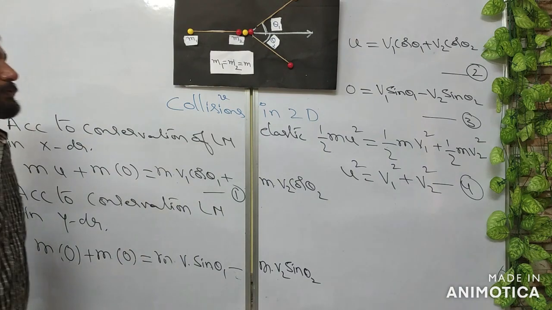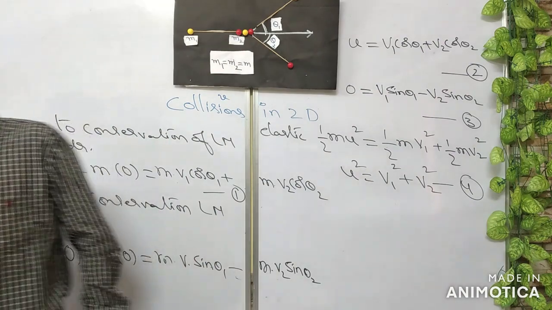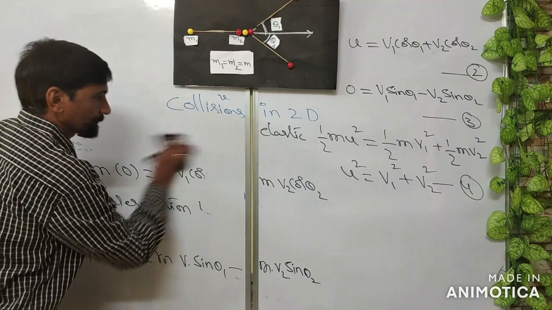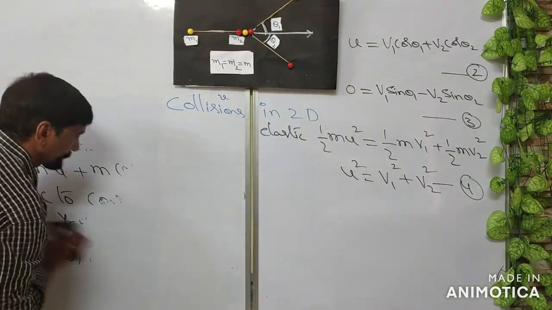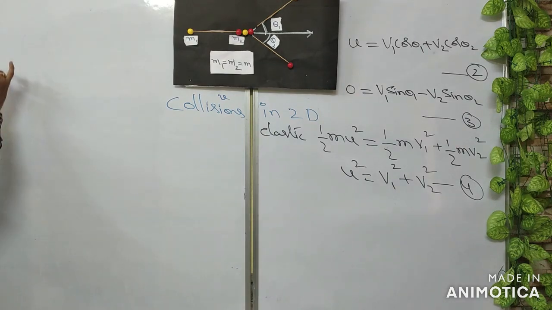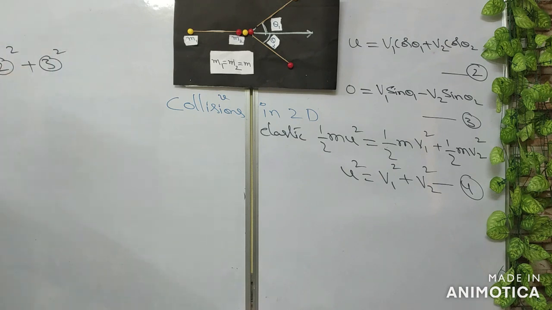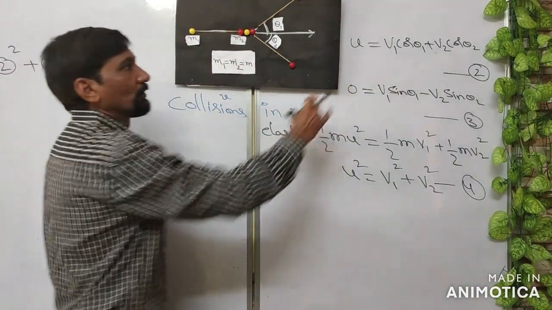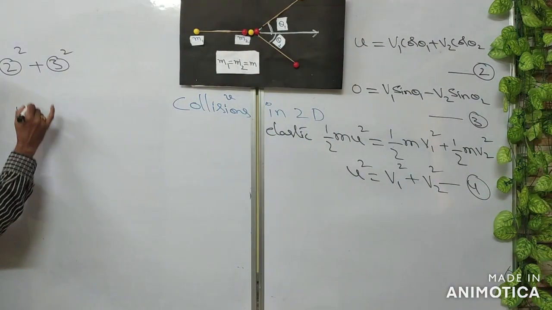Now suppose you are squaring and adding equations 2 and 3. When you are squaring, on the left side you get u square, and the other is 0, so you get u square only.